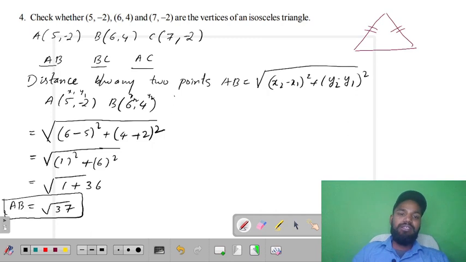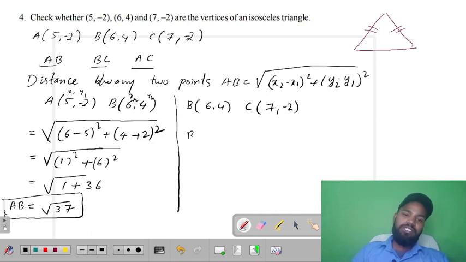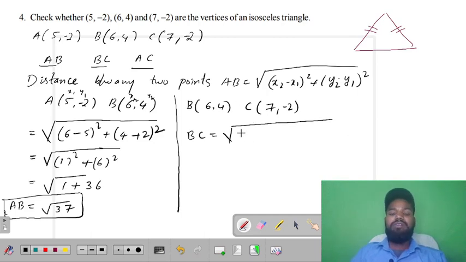Next we are going to find the BC distance. Point B is (6, 4) and C is (7, -2). Substituting in the distance formula, x2 is 7, x1 is 6, whole square, plus y2 is minus 2, y1 is 4, whole square.